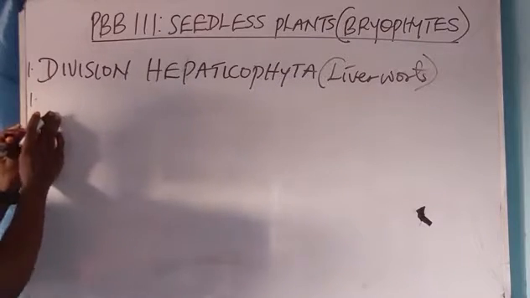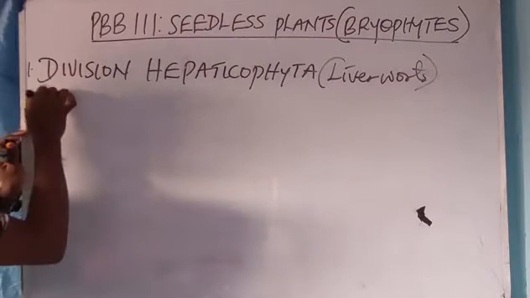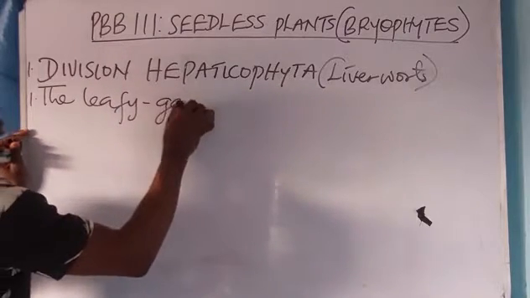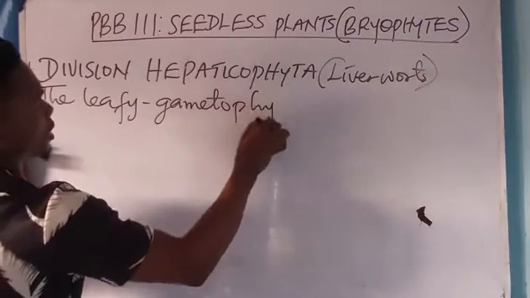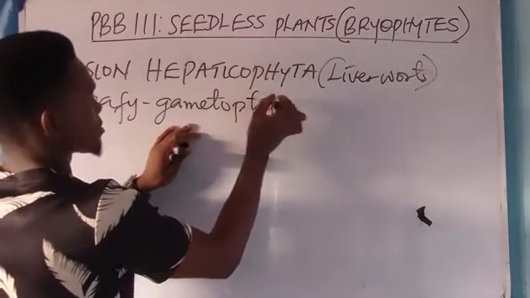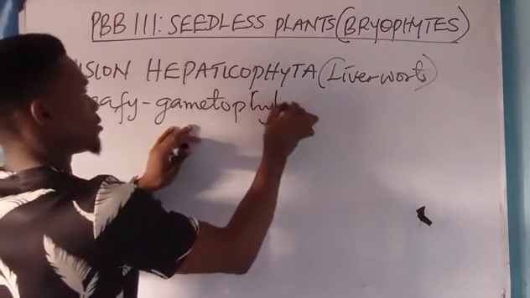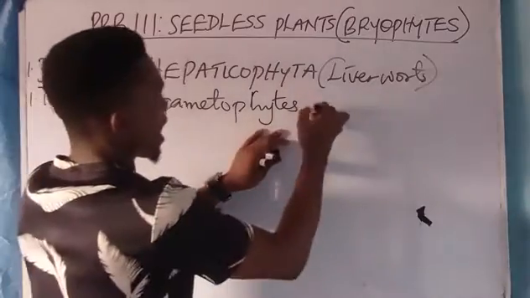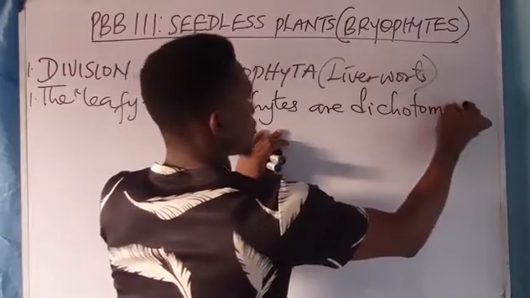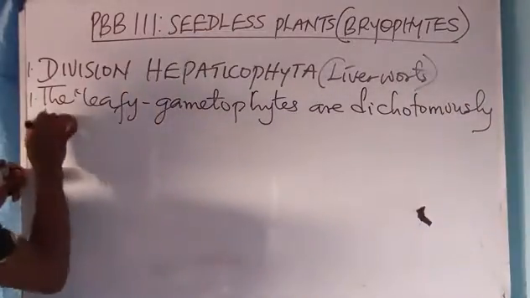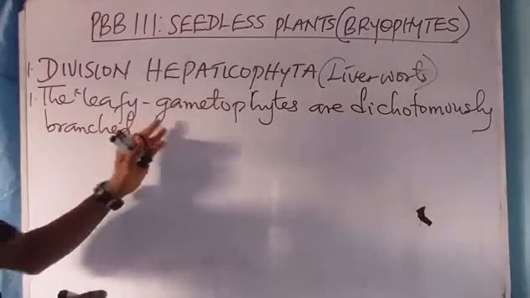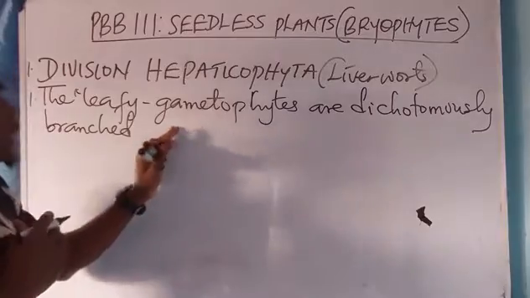So the leafy gametophytes are dichotomously branched. This gametophyte is usually what?